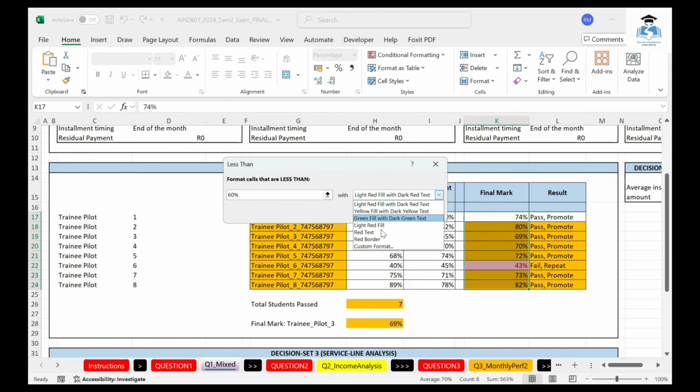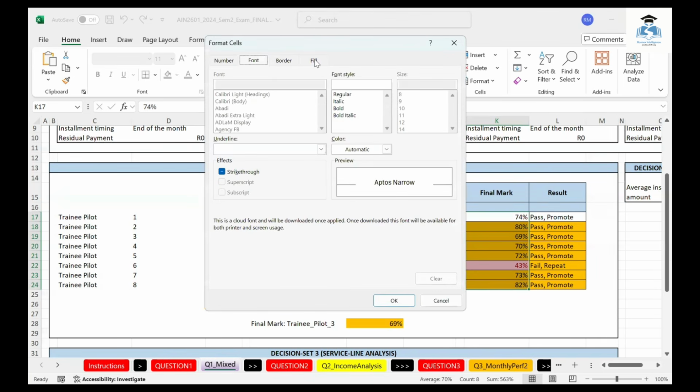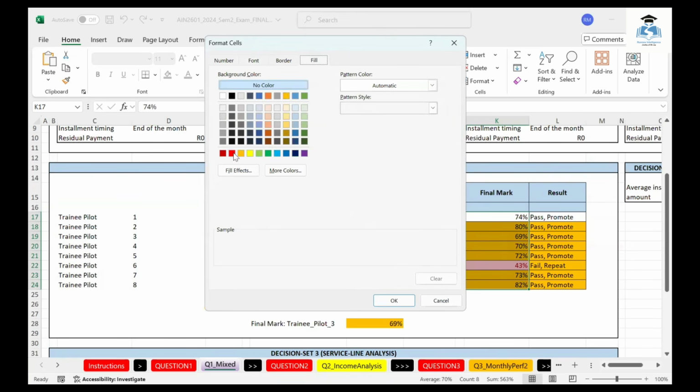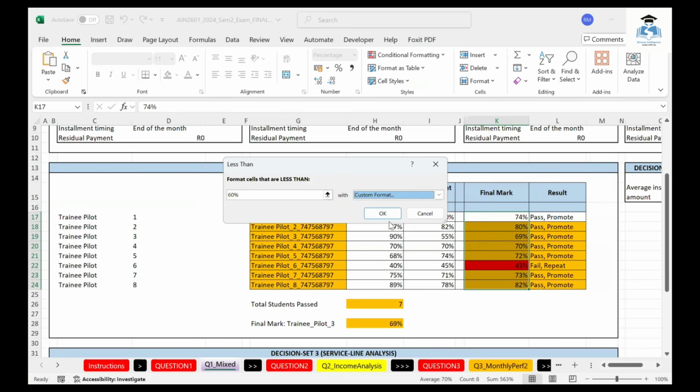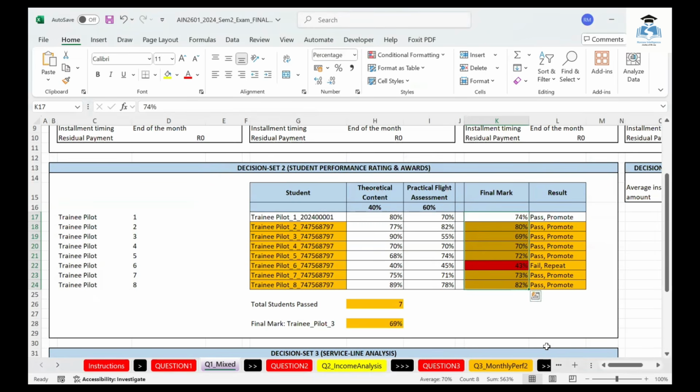So this one is a text, but we go on the custom format here. Then where it says fill, then red, and we click OK. So here we go. Each time they ask you about conditional formatting, know whether it is a number or a text.